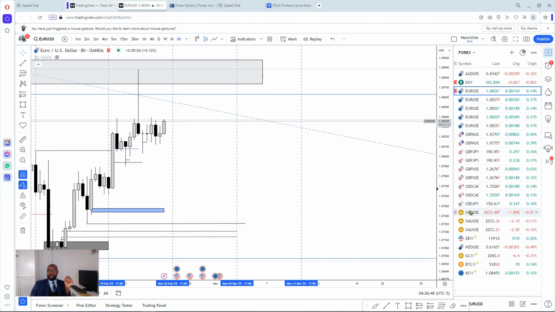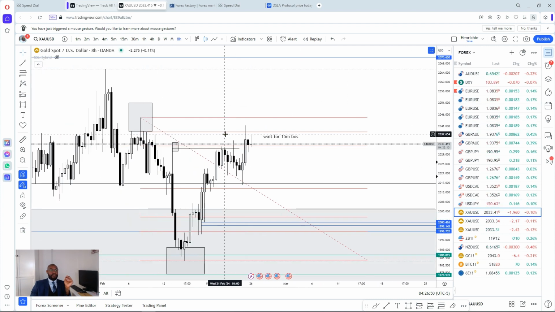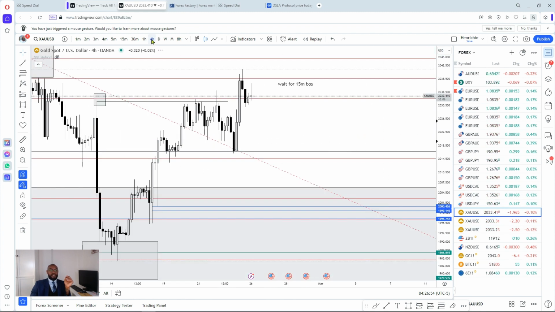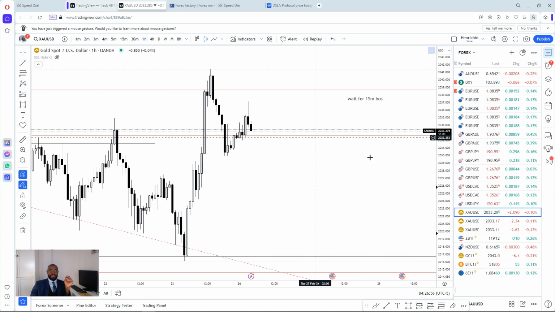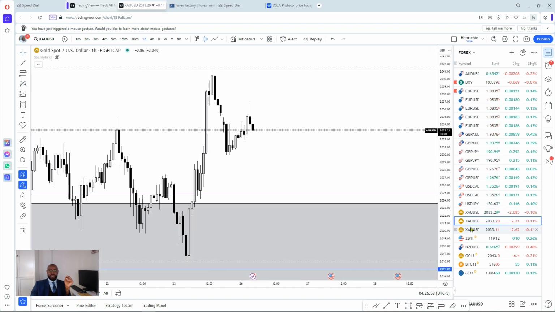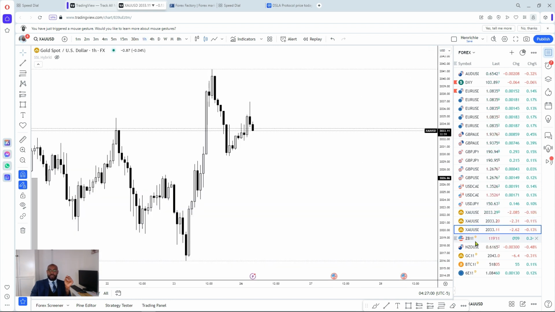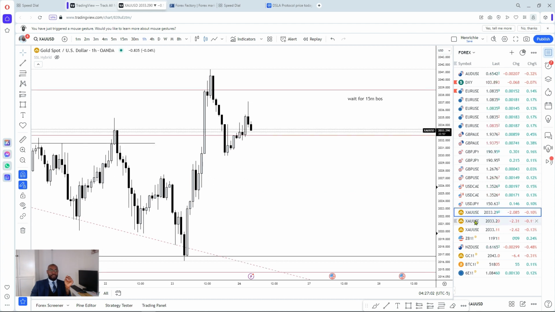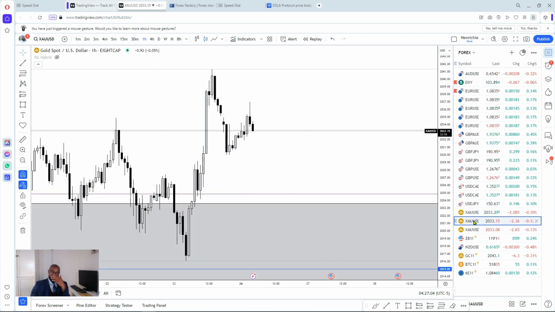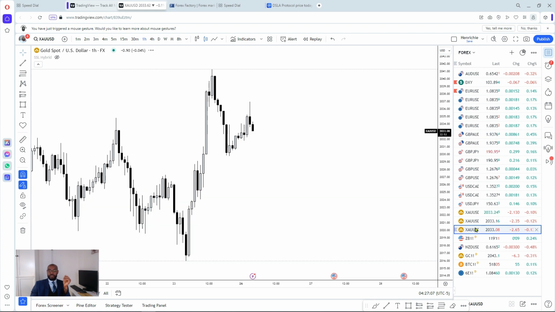But in the next live stream, we're going to look at gold, look at the key level where gold is currently resting right now, and look at the opportunity that could present itself from those key levels, whether we're going to be looking for buys or sells on gold as well. I'm going to annotate that and do the analysis.